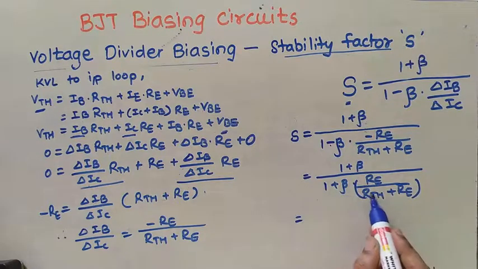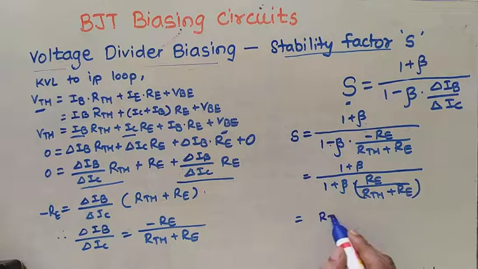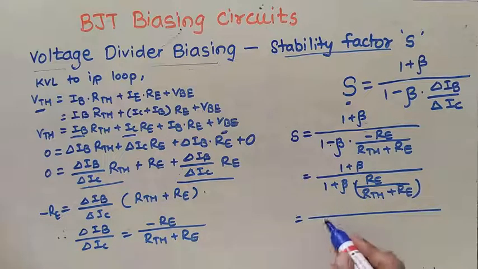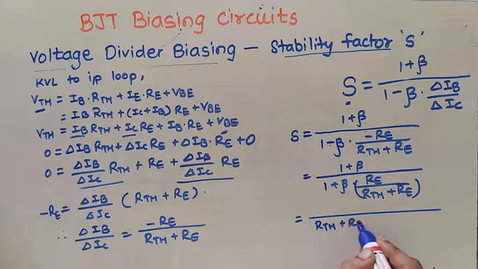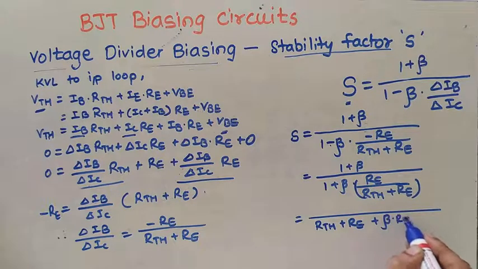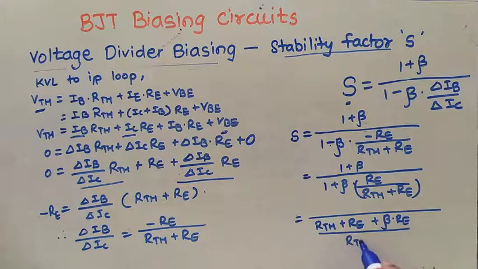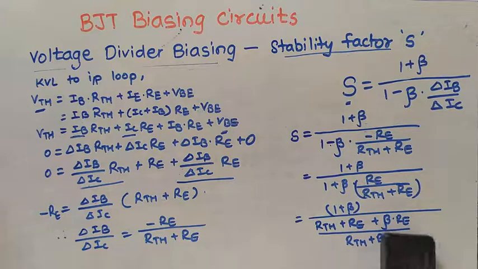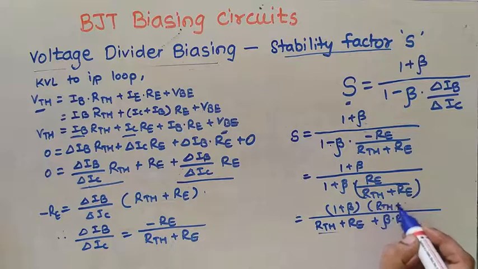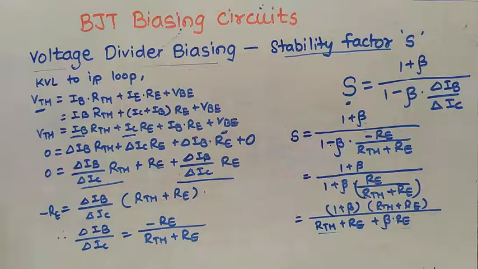So RTH into RE into 1, so it is RTH; at the denominator it is RTH plus RE plus beta into RE divided by RTH plus RE, and here it is 1 plus beta. Now this RTH plus RE you can take to the numerator, and you will have RTH plus RE. Solving further, you get the equation for stability factor with 1 plus beta common.